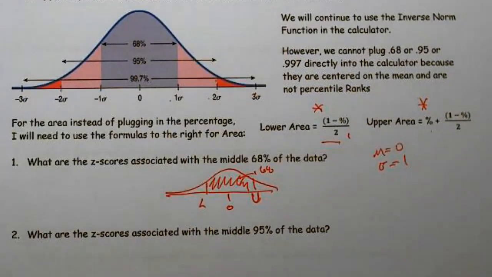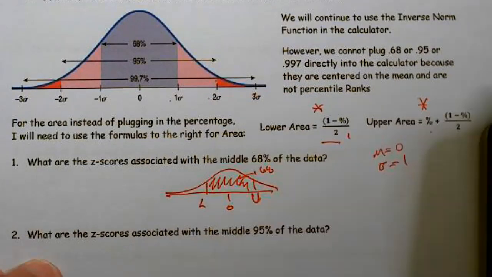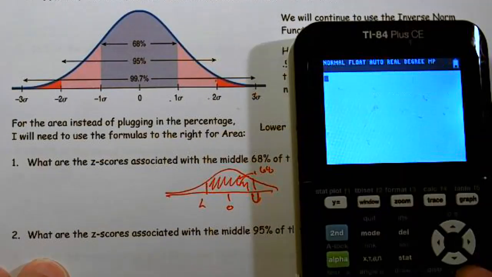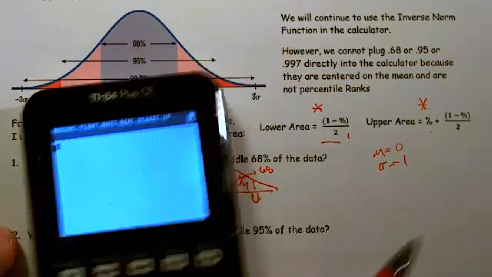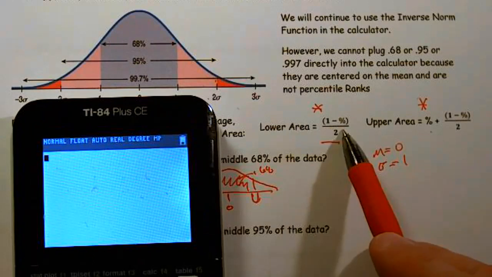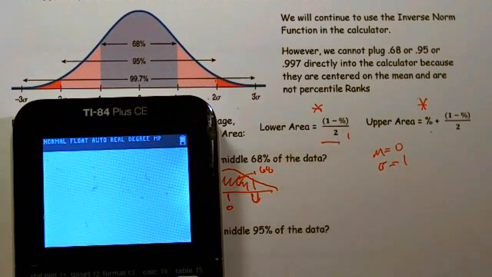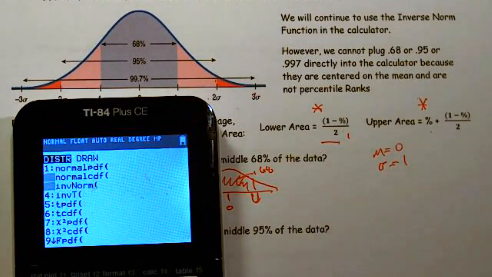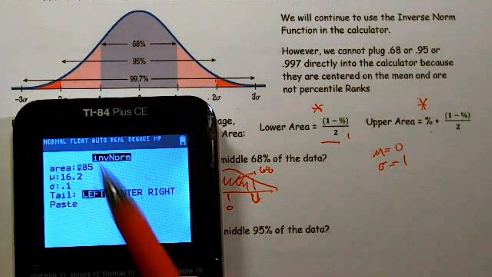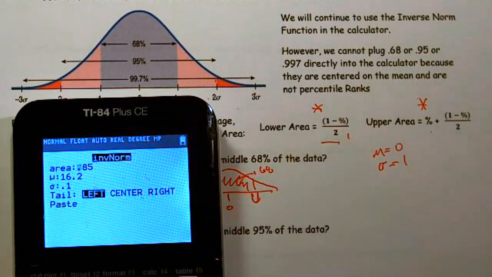All right, so we're going to start off by doing this real quickly. And by the way, you don't really have to show much work on this. You do have to have the drawing. But beyond that, just make sure you have this formula available to you. So second vars, inverse norm, and my lower bound, my area is going to be, what do we have?